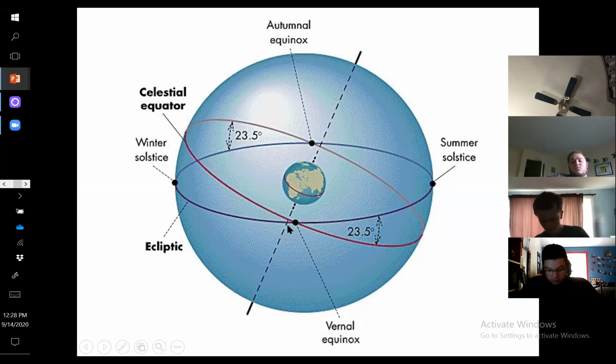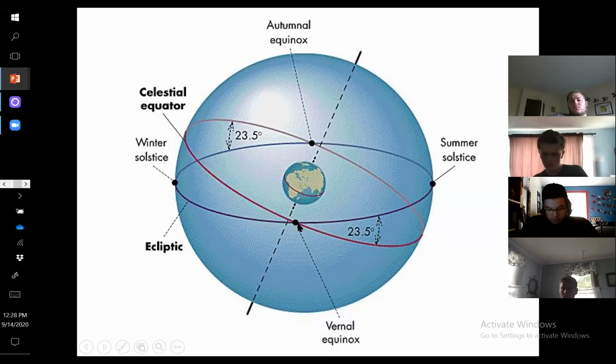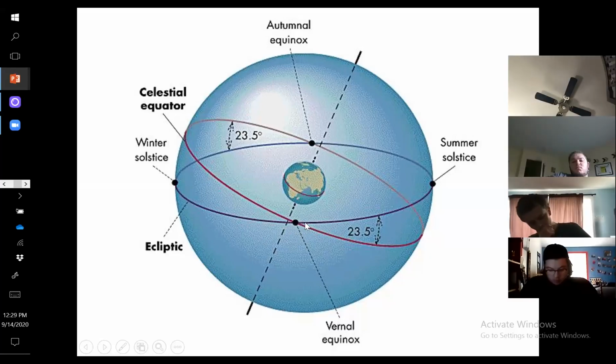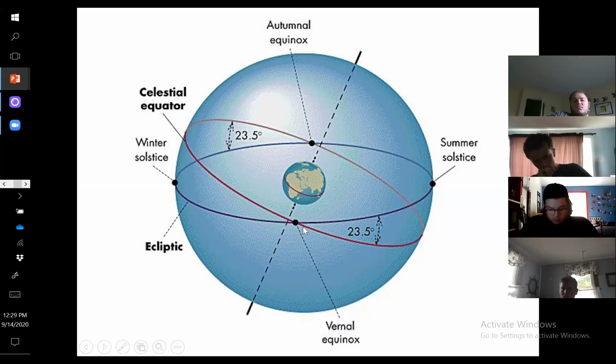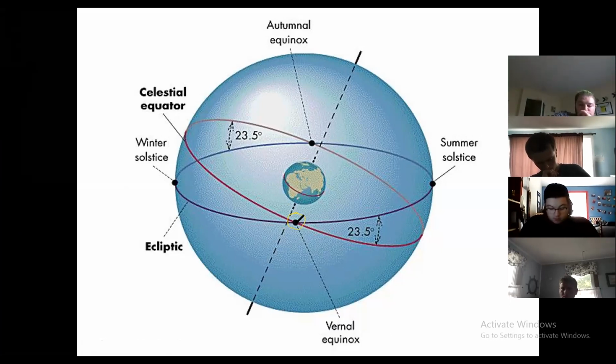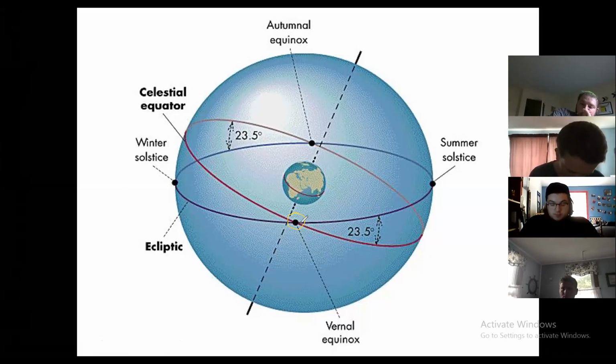The spring equinox can be thought of not only as a day of the year, but also as the point where the celestial equator meets the ecliptic. I'll say a little more on the spring equinox in a second. But for now, this point, where the celestial equator meets the ecliptic, is going to be the 0 point of right ascension. And we're going to measure only eastward.